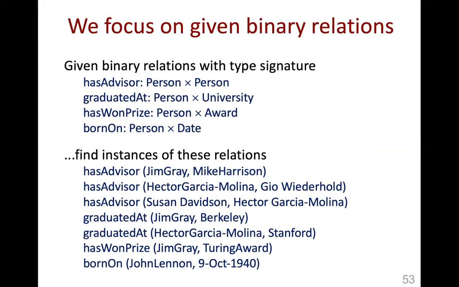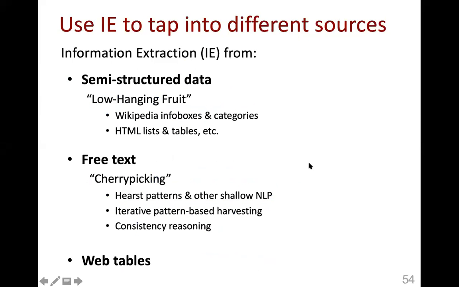Has won prize is a relationship between person and award. Born on is a relationship between person and date. And find instances of these relationships: has advisors Jim Gray, Hector Grant, and head advisor Susan Davis, and graduated as Jim Gray from Berkeley. So it's something like what I was showing you before. We also can have won prize and born on, like different types of relationships depending on the industry.